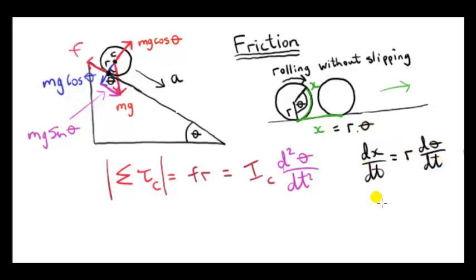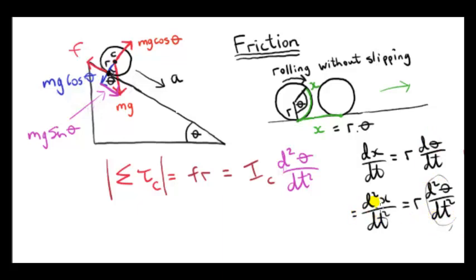If we differentiate this thing again, well, this derivative here is the acceleration of the disk along the surface, and r is just a constant, and now we get the angular acceleration. So I just differentiated the speed with respect to time, and we have to differentiate the angular speed with respect to time to get the angular acceleration.